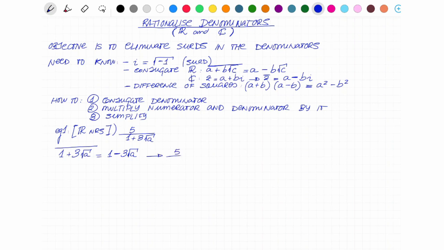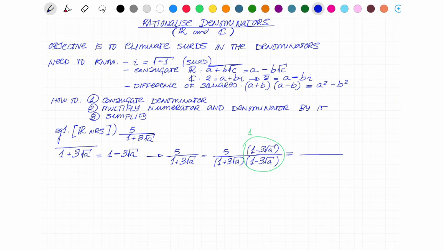That means that this fraction, which has an irrational denominator, is going to be the same as multiplying both top and bottom by the conjugate. And remember, I can do this, there's no problem, because this is to all effects 1. So I'm not changing anything in there.